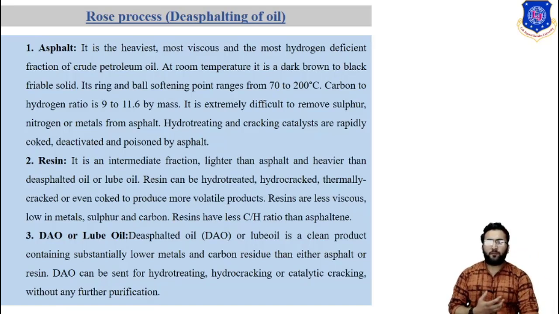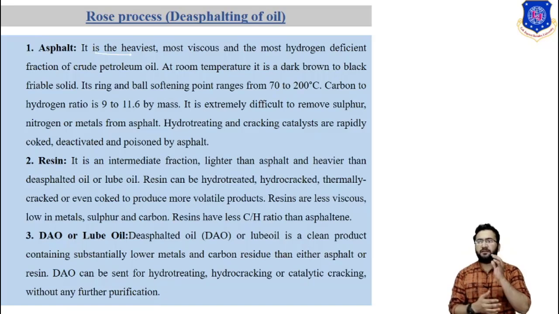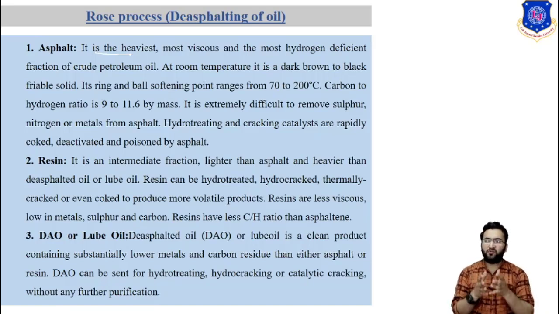The products obtained from this residuum are asphalt, resins and deasphalted oil. Asphalt is the heaviest component compared to the resins and deasphalted oil. It is the heaviest, most viscous and most hydrogen deficient fraction of crude petroleum oil.